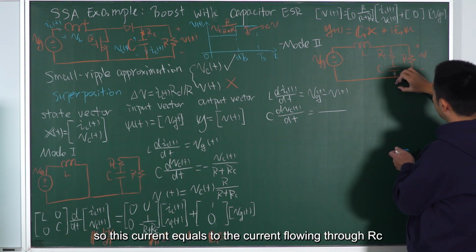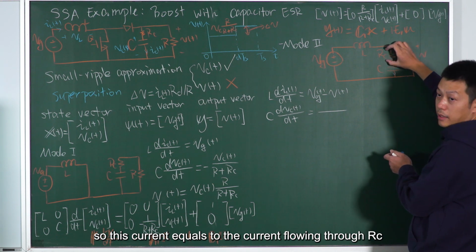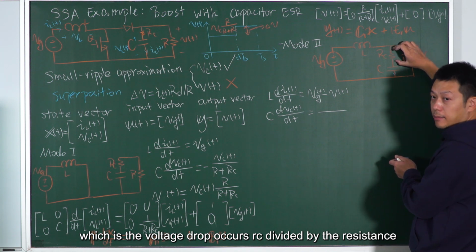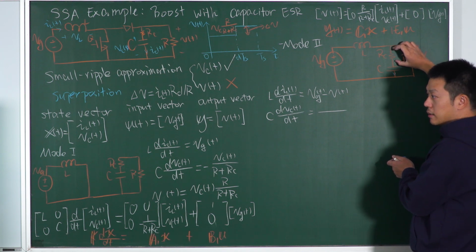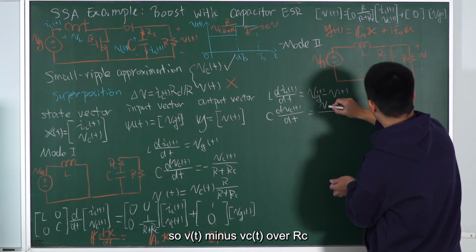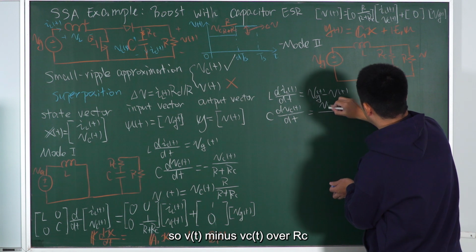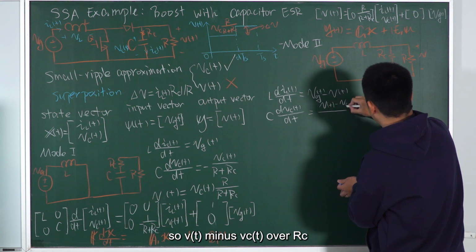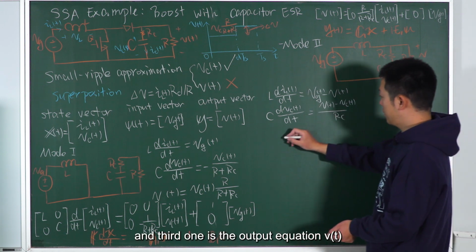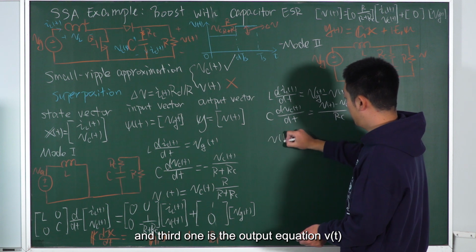So this current equals the current flowing through RC, which is the voltage drop across RC divided by the resistance. So Vt minus Vc over Rc. And the third one is the output equation, Vt.